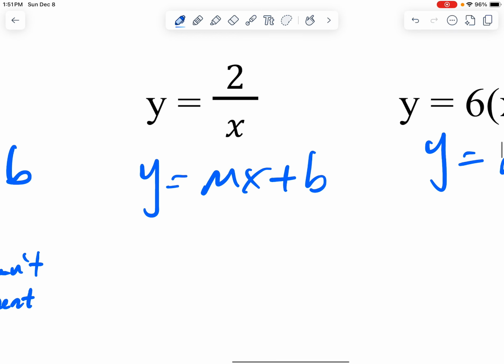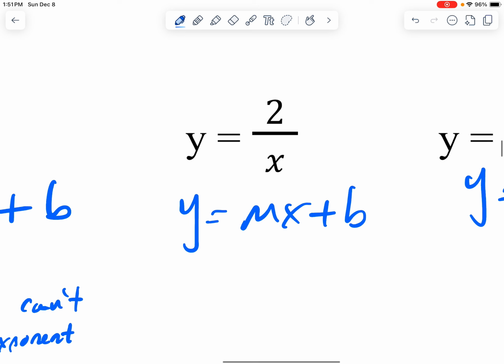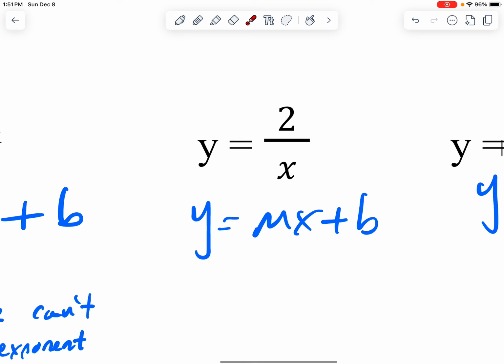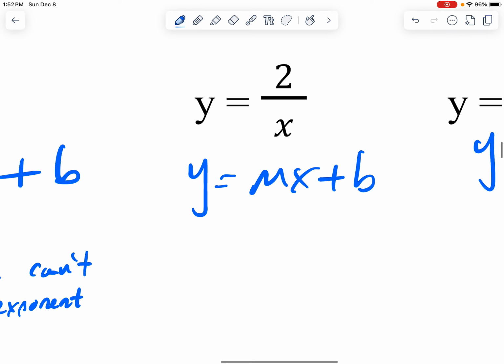Next, we've got y equals 2 divided by x. And now we've got a y, we've got an x, but this is not going to be okay either because this x is in the bottom of the fraction. We could change this into 2 times something, like we could get close.